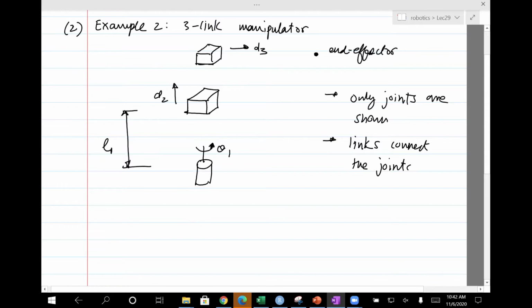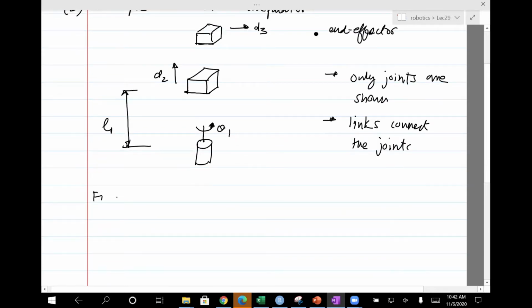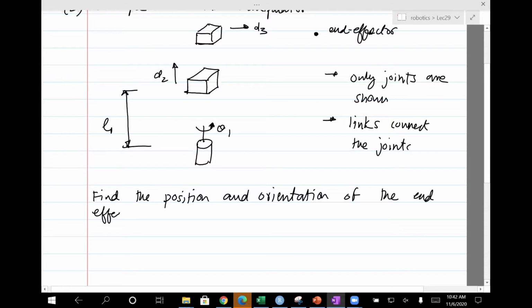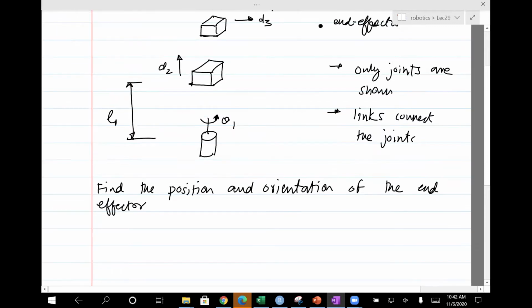Okay. The question is find the position and orientation of the end effector, which is shown there.